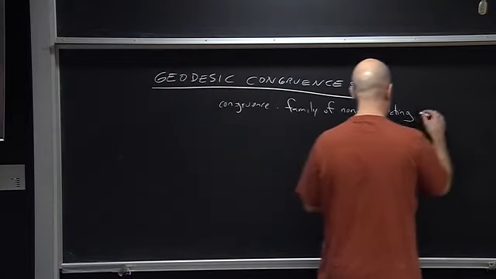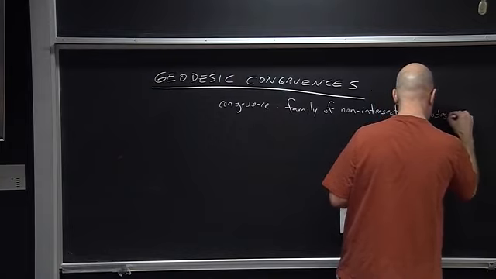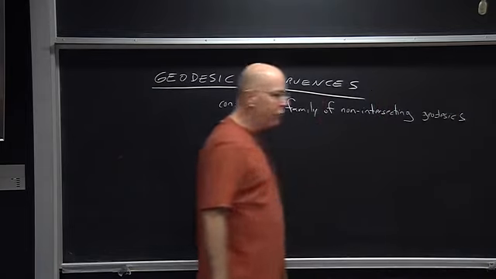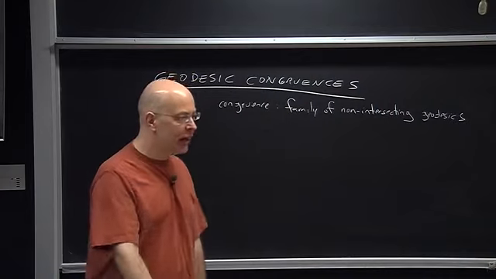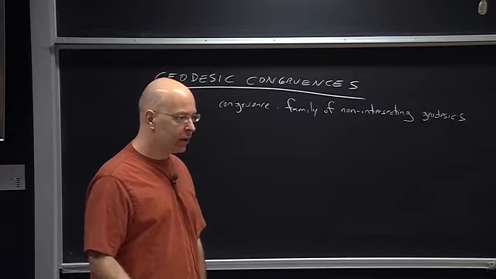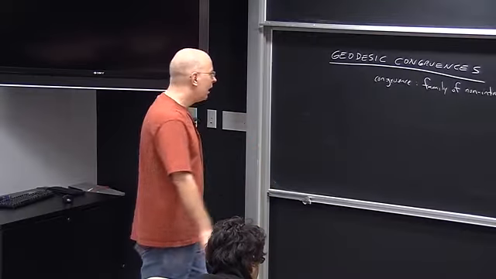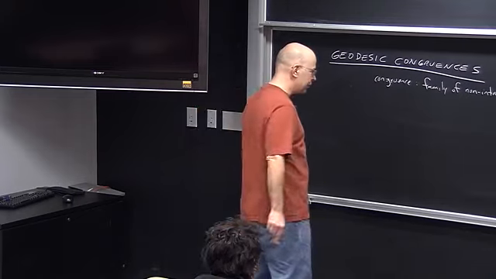So we're talking about a family of non-intersecting geodesics. If we do have points of intersection, then we have a singularity of the congruence, and that's something we'll talk about. But those are exceptional cases that we'll basically rule out as part of the definition here.